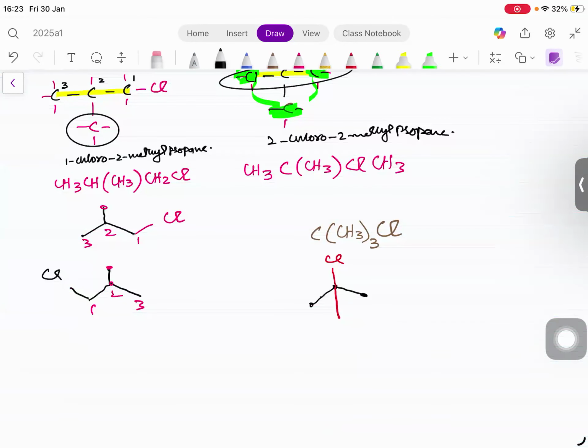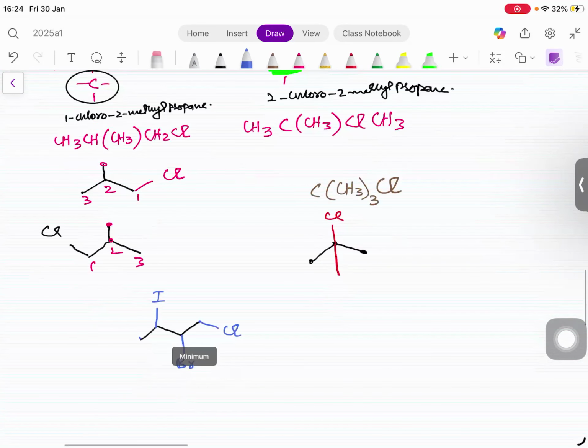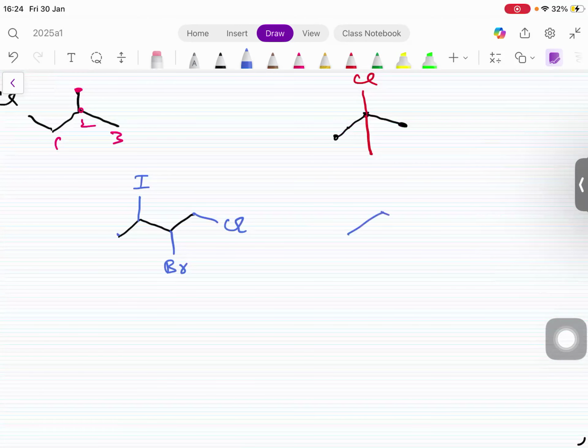Please name this. 1, 2, 3, 4. Here is the Cl, here is the Br, here is the I. Alphabetically, so 2 bromo. Oh yes, 1 chloro.